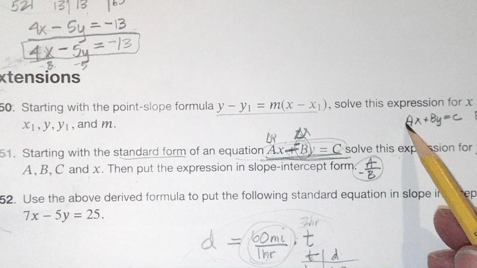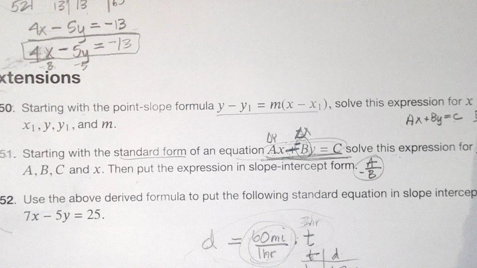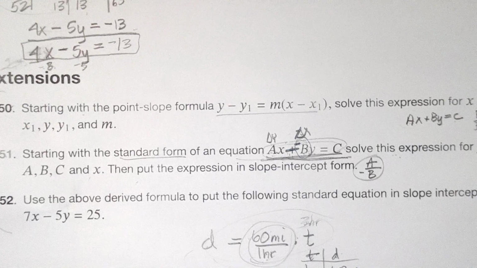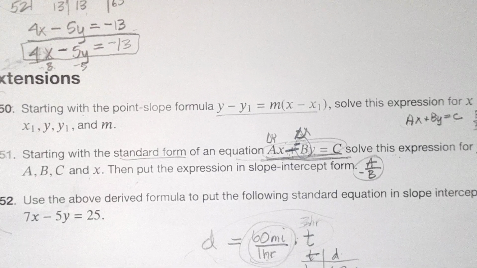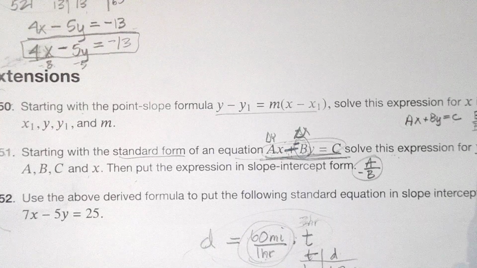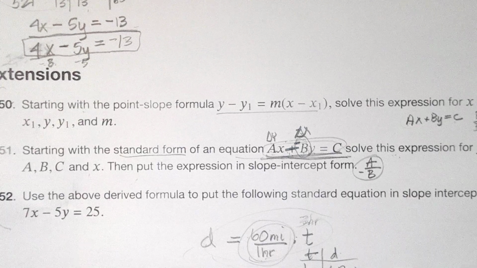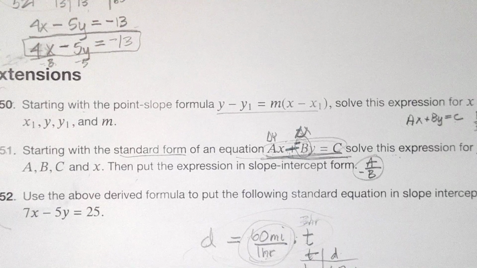So I subtracted ax from both sides. And then I'm going to divide by b. I have to divide this whole side by b. And I get y equals -a over b x plus c over b.